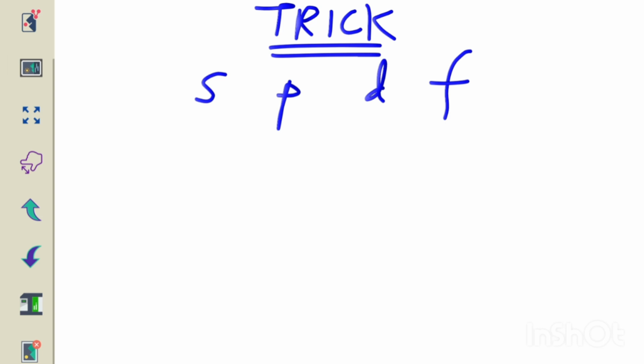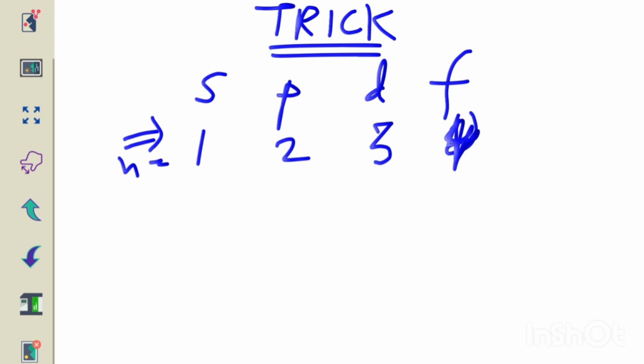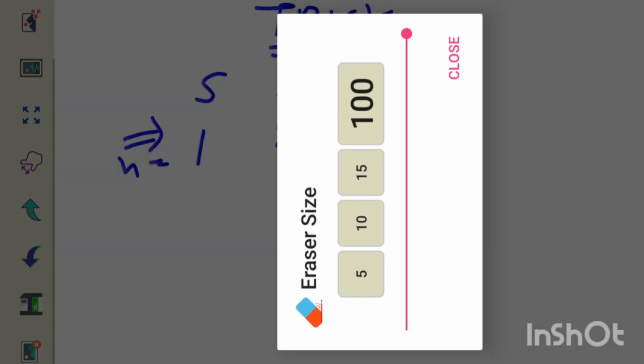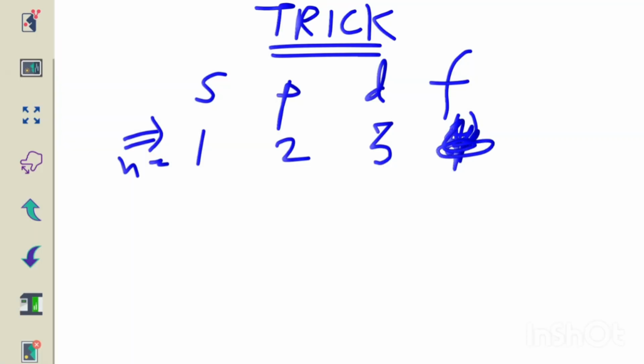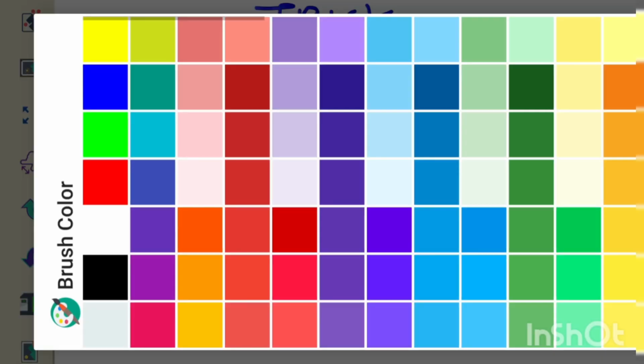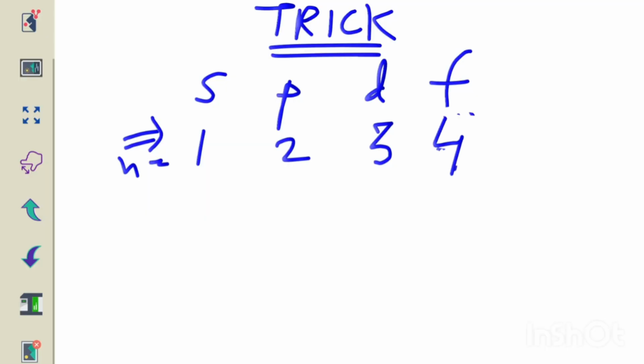S will start from n equal to 1, P will start from 2, D will start from 3 and F will start from 4. Let me clear it. So here it will be 4.